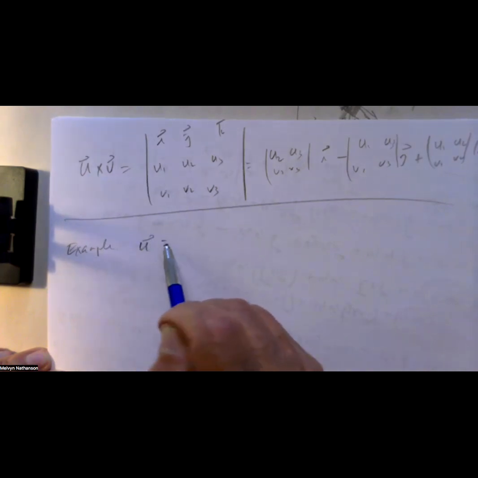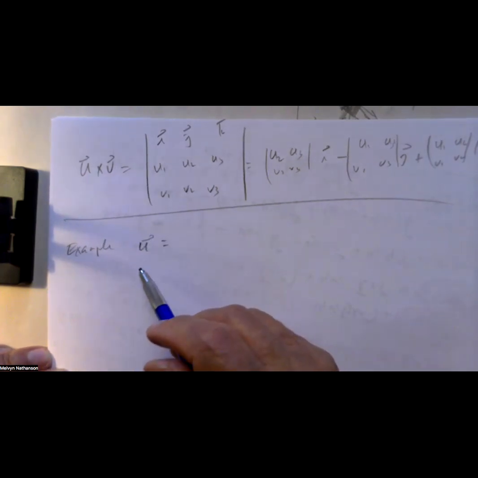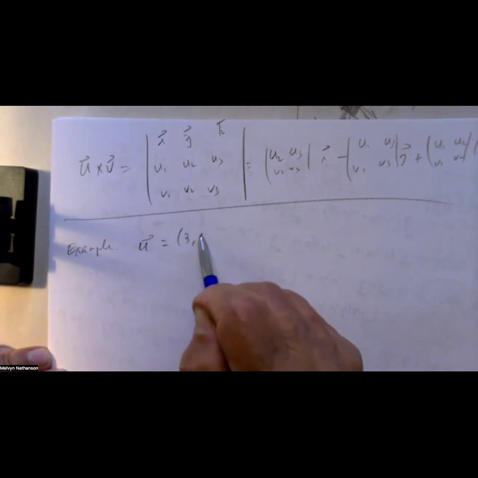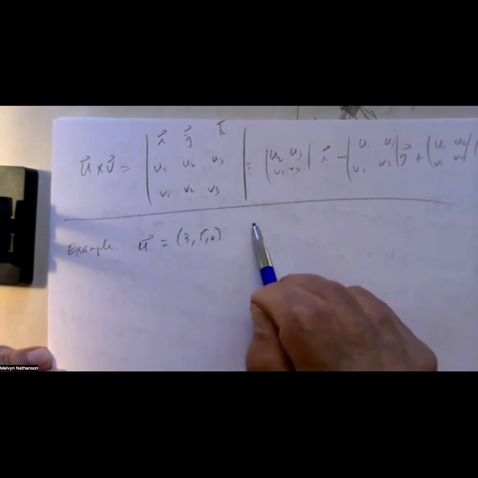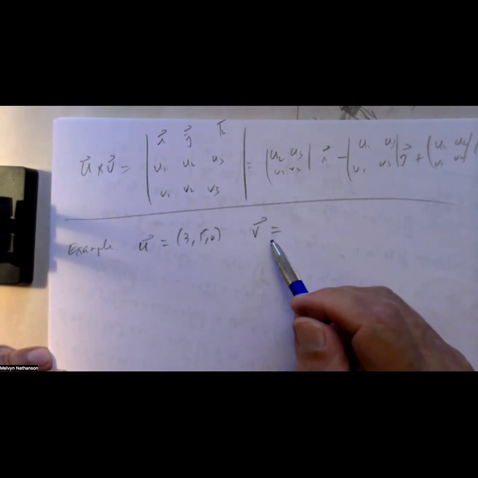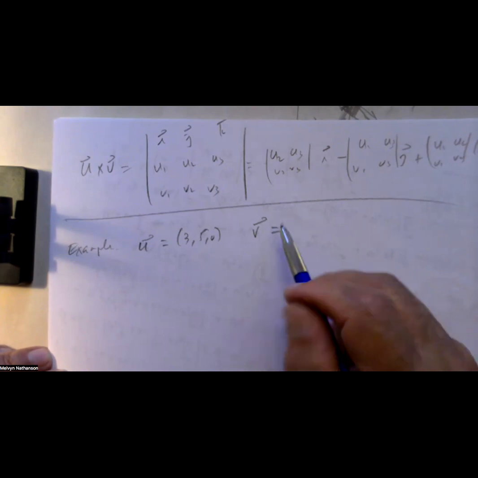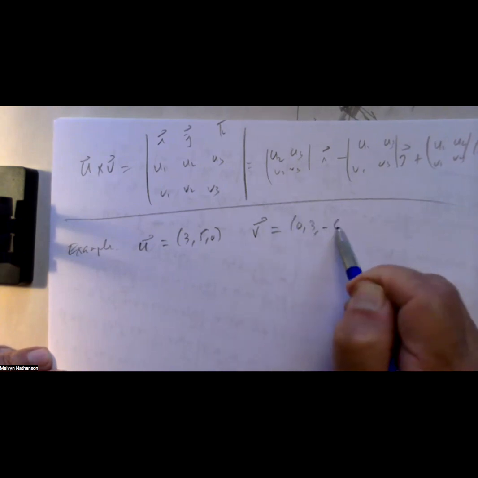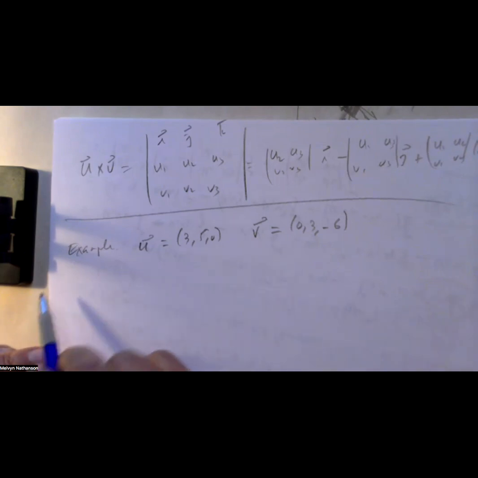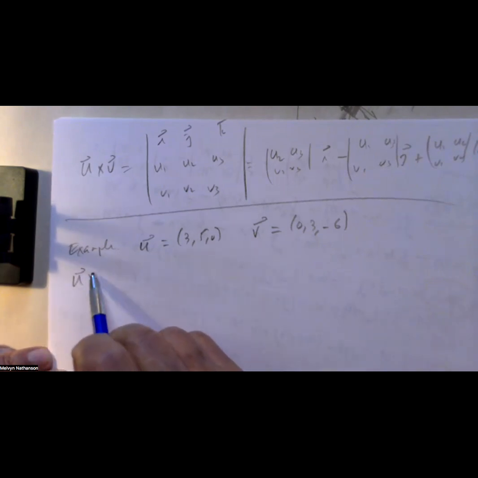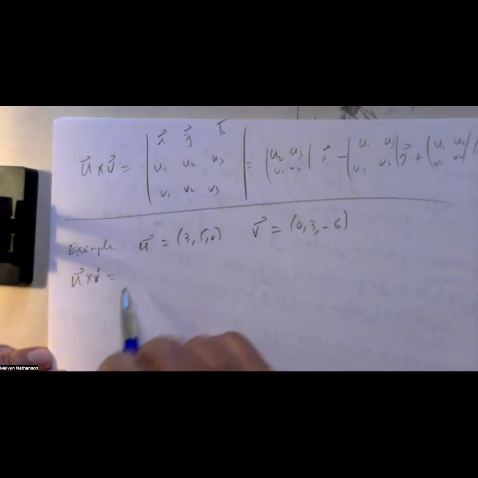Suppose u is the vector 3, 5, 0. v is the vector 0, 3, minus 6. So u cross v, what is that going to be?